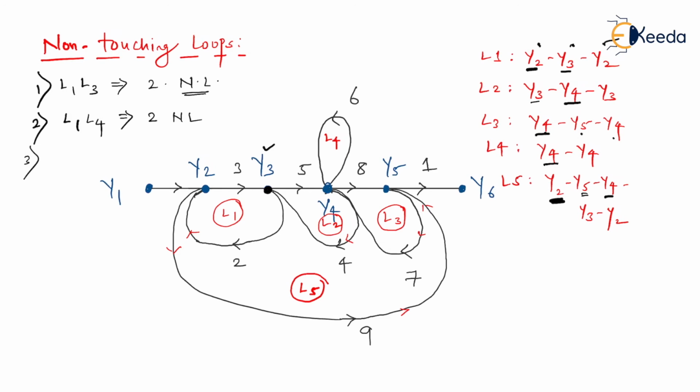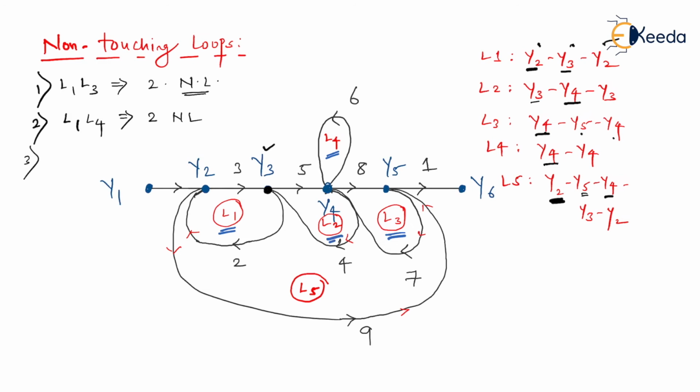See, even for this question, without actually going through the nodes, you can identify from the figure itself which are non-touching loops. As you can see, L1 and L3 are isolated, so I can consider them as two non-touching loops. In fact, I can compare L1 with L4. Am I right? L1 and L4 are again isolated loops.